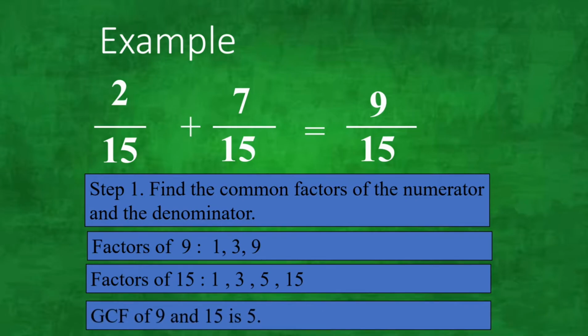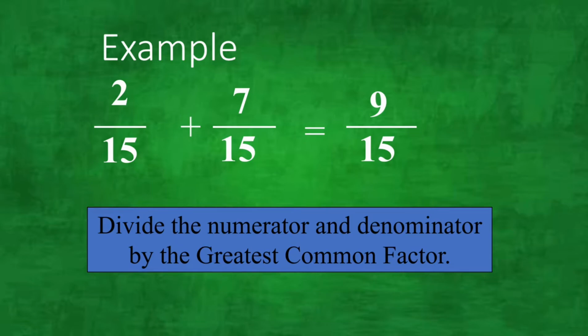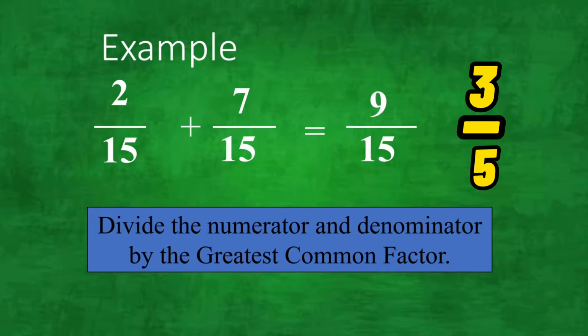The GCF of 9 and 15 is 3. Then, divide the numerator and the denominator by the greatest common factor. So, 9 divided by 3 is equal to 3, and 15 divided by 3 is equal to 5. Our answer is 3 over 5.